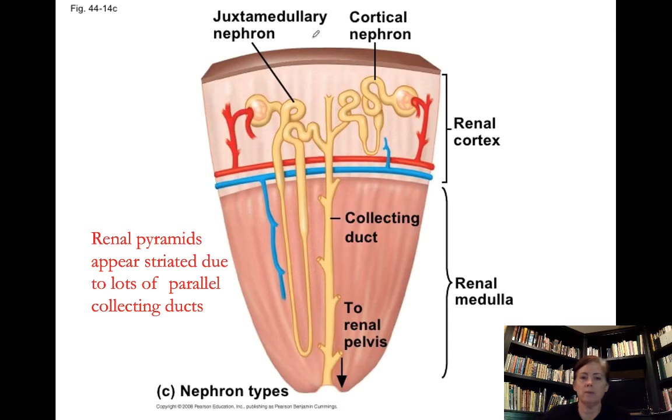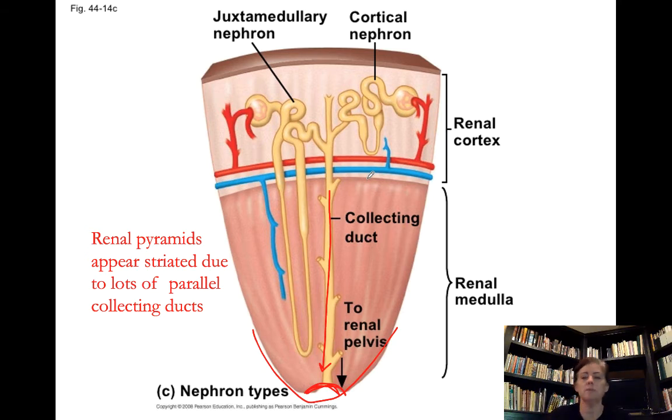So what we end up seeing is urine traveling through the collecting ducts, heading down towards the apex of that pyramid, and this picks back up with what we learned before, that those collecting ducts drain into the renal papilla at the pointy part of the pyramid. Another interesting thing is that renal pyramids have a striated appearance.